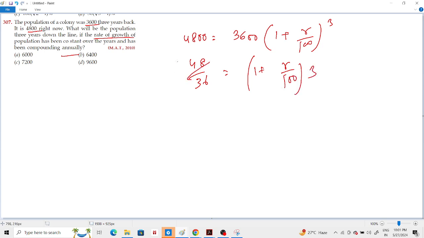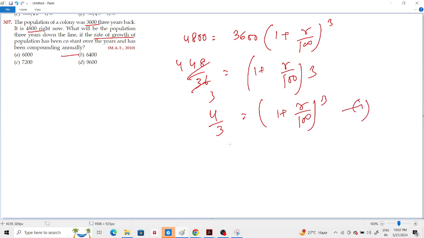This is 12 4s, 12 3s. So 4 by 3 is equal to 1 plus r by 100 whole to the power 3.